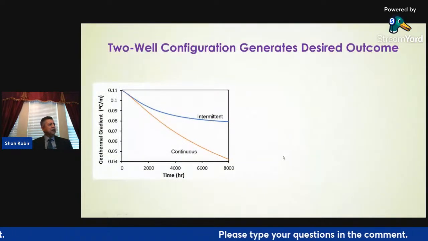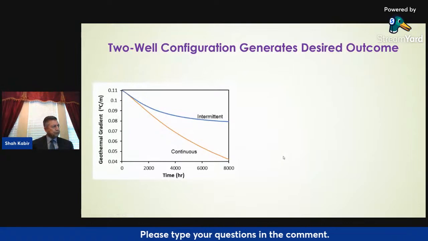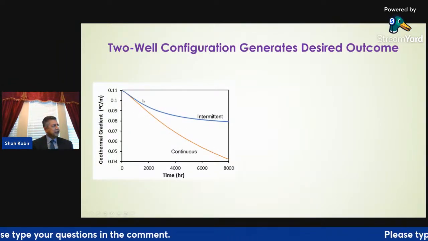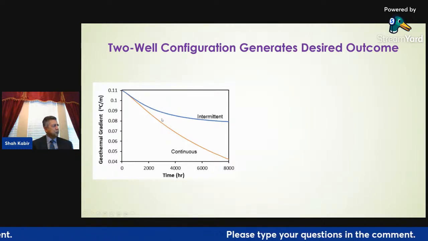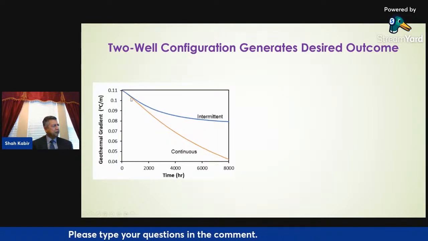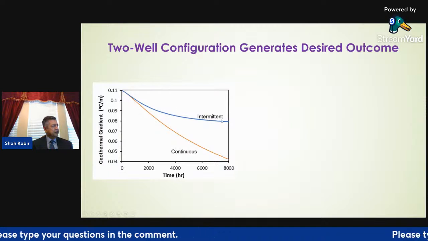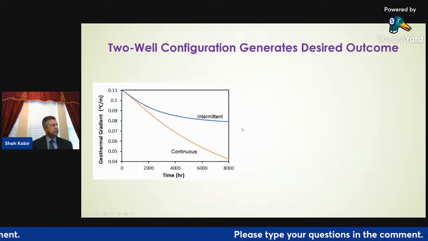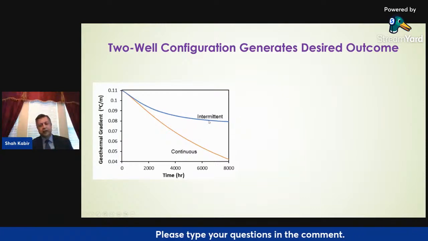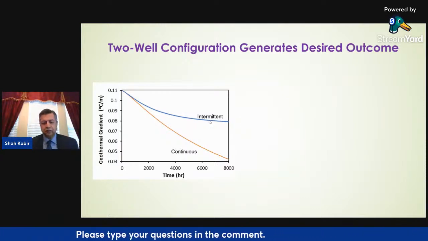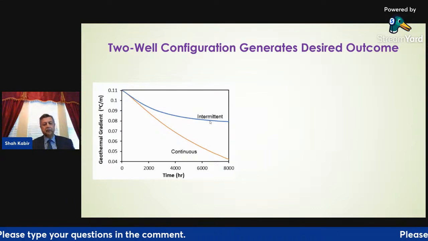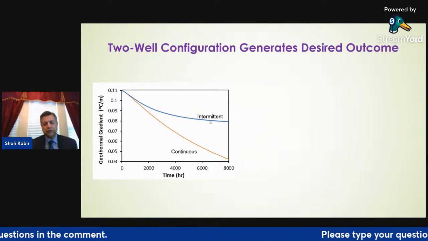So in that regard, what we found, as you can see, is when you do the continuous, and then you do the intermittent, this would be the outcome. You can begin to retain the near wellbore geothermal gradient with the intermittent. By intermittent, we mean you do one well with 12 hours and another well with another 12 hours, so to speak.